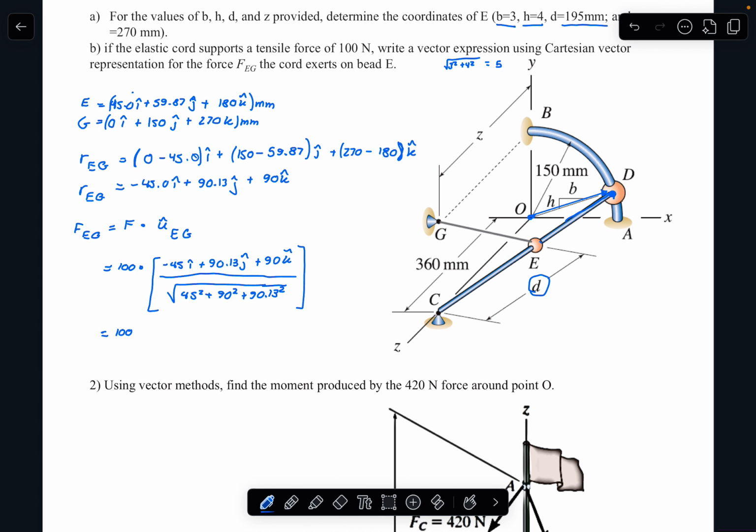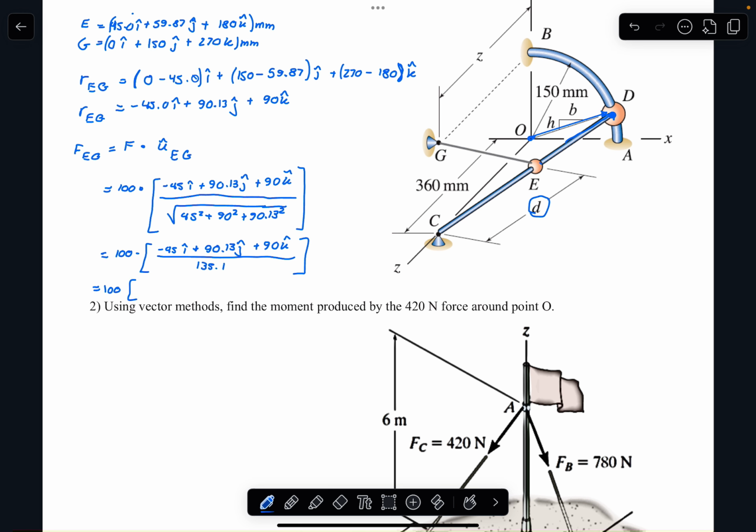So 100 times negative 45 i hat plus 90.13 j hat plus 90 k hat, divided by 135.1, will give you the unit vector.